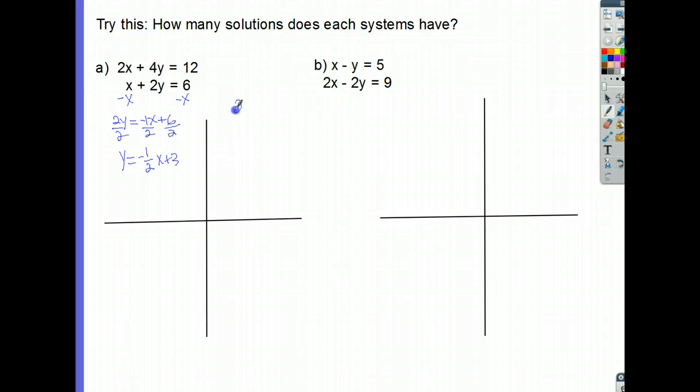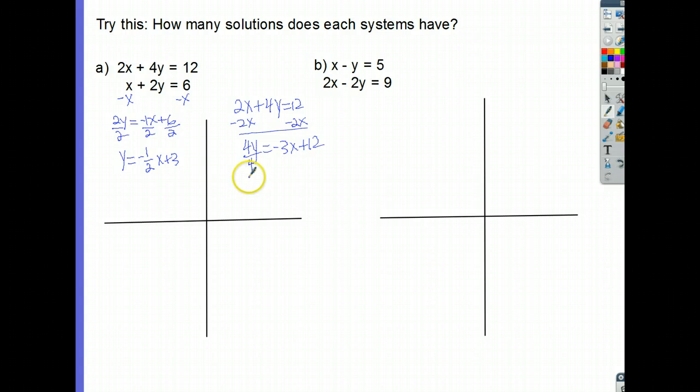Okay, let's do the same thing with 2x plus 4y equals 12. Subtract 2x. Now I know I could graph that in slope-intercept form, but I want to see something. I've got a hunch here. You probably do too. So that's what we get here, and we divide by 4.